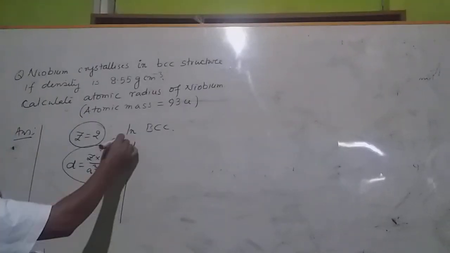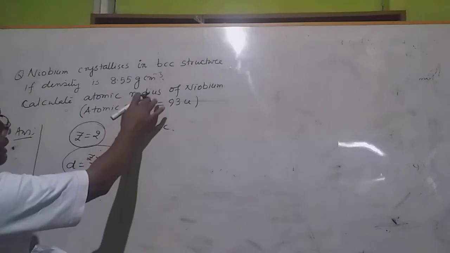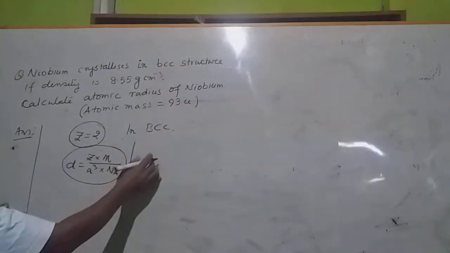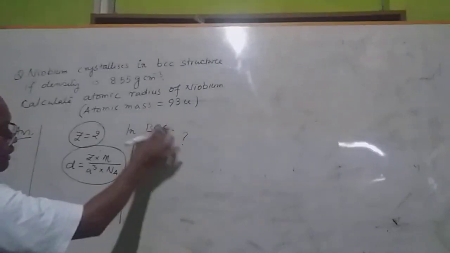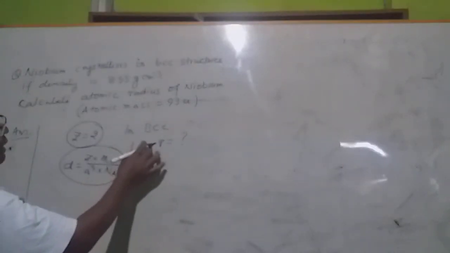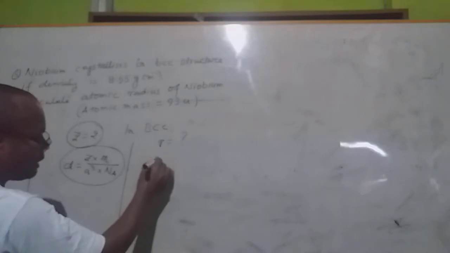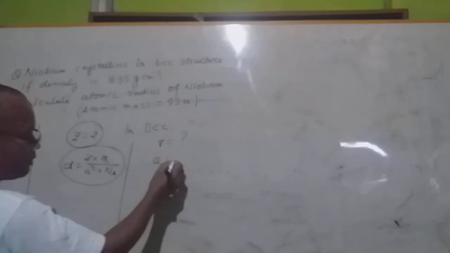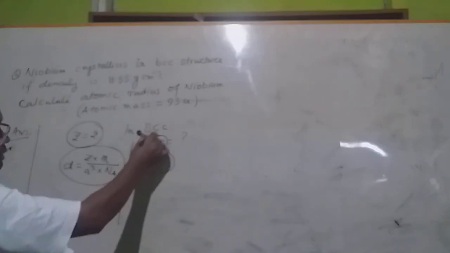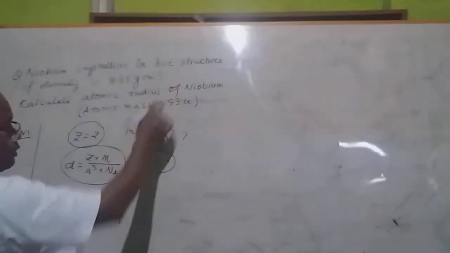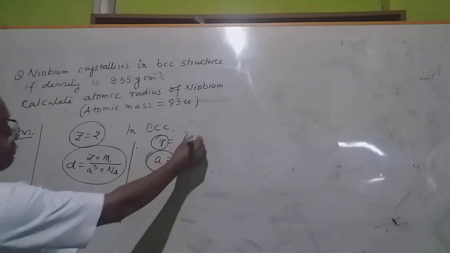Another case in BCC. Now we are going to the radius of the niobium, radius R. And how to calculate the radius? In the BCC, if you know the side length, I think you know, if you know the side length, we can calculate the radius of the niobium atoms. So what is the relation between these?